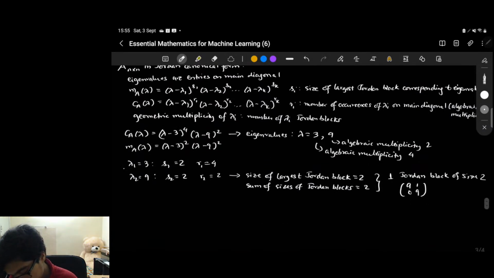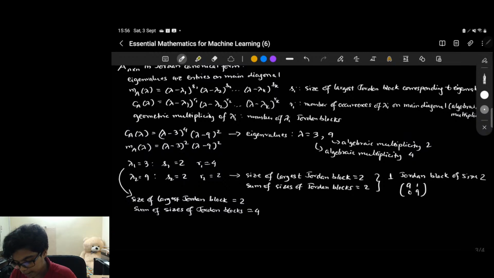Then let us look at lambda 1. In this case, the size of the largest Jordan block is also equal to 2 because that is S1, and the sum of sizes of Jordan blocks is equal to 4 because that is R1.